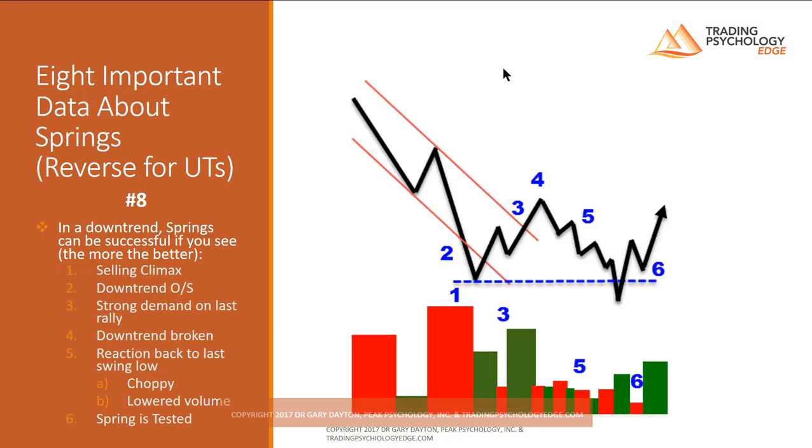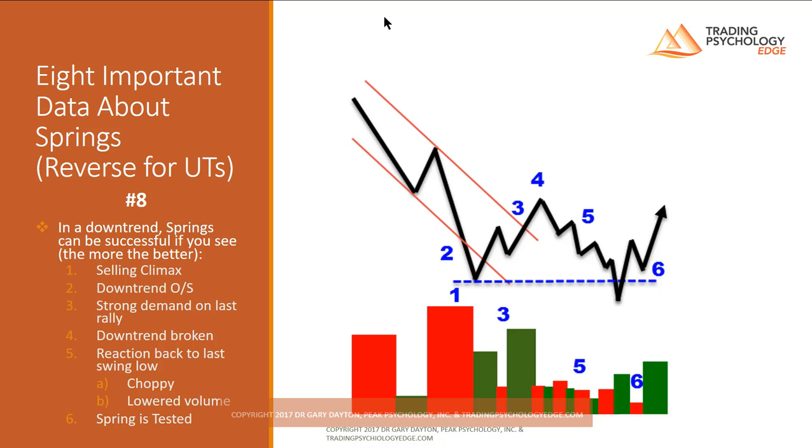Okay, now for the aggressive trader. We said that springs work best in uptrends or in trading ranges. Now I'm going to show you that they also can be very nice in downtrends, but you want to have as many of these signs of strength as possible.